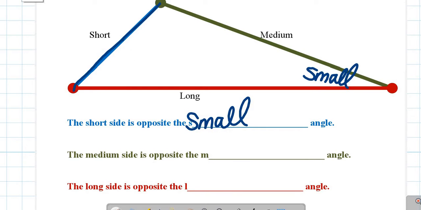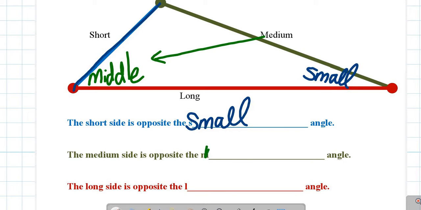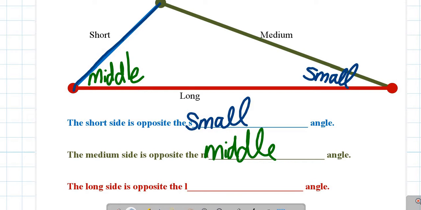And then you have this. The medium side is across the middle angle. This is the middle angle here. And then the longest side of a triangle is always opposite the large angle of a triangle.